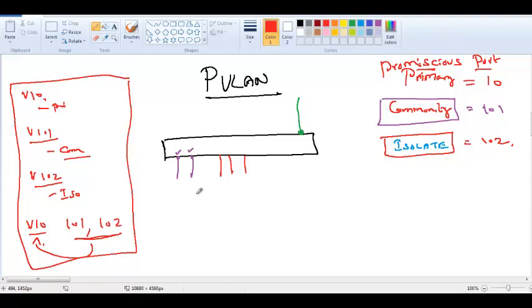After you finish this, you go to this interface and say this interface is in Promiscuous mode, belonging to VLAN 10. And for these interfaces, you go under them and say they belong to isolate mode, whose VLAN number is 102 associated to VLAN number 10.